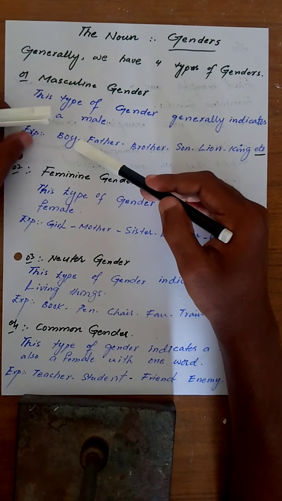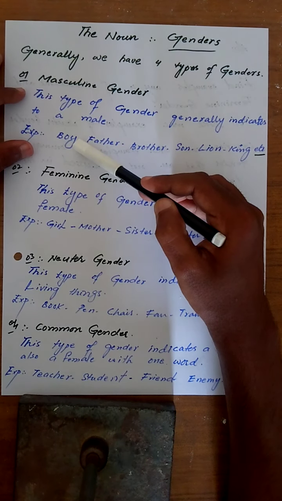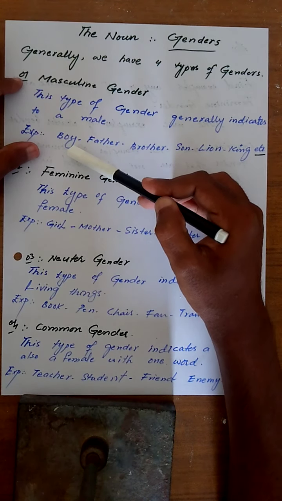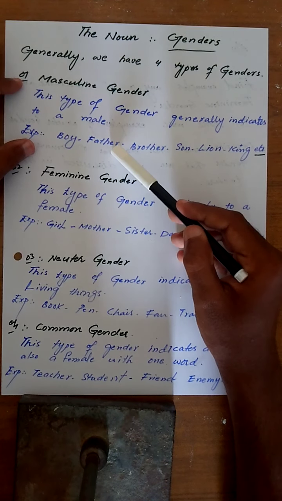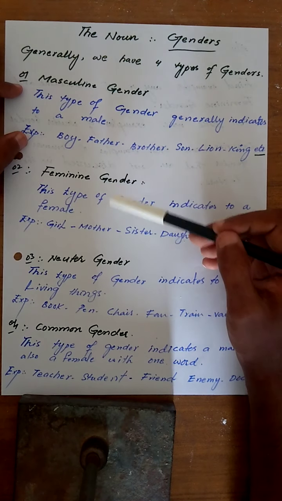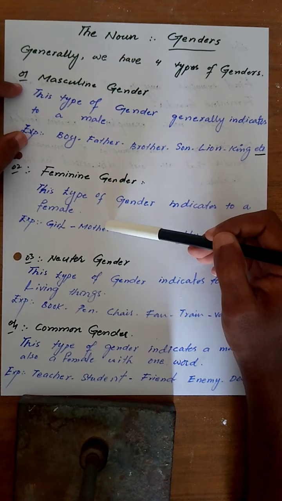For example, I have written an example of masculine gender, boy. So the feminine of this will be girl. Or the second example, father. So the feminine gender of father will be mother.